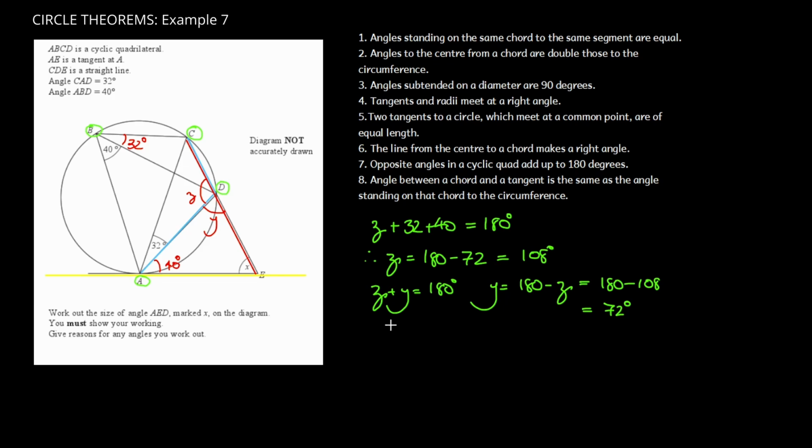So we can say that X plus the 72 plus the 40 must equal 180 degrees, and therefore X is equal to 180 minus 112, so that X is equal to 68 degrees. And we can pop that on the diagram as 68 degrees, and there we are.